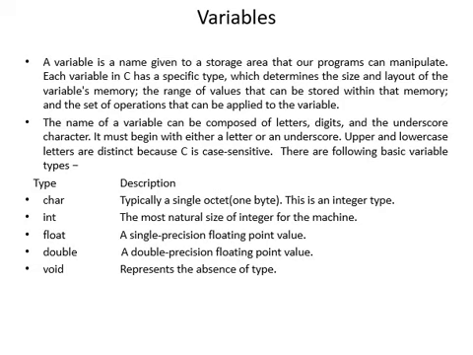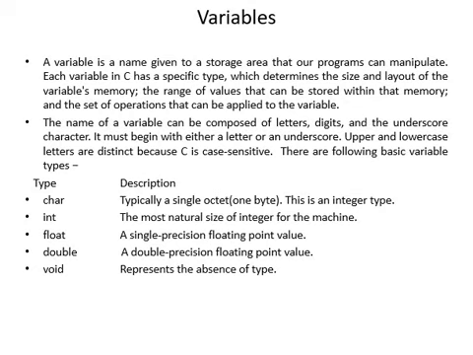Each variable in C language has a specific data type which determines the size and the layout of the variable's memory. Layout in the sense of how much space it is going to occupy, the range of values that can be stored within that memory, and the set of operations that can be applied to the variable.